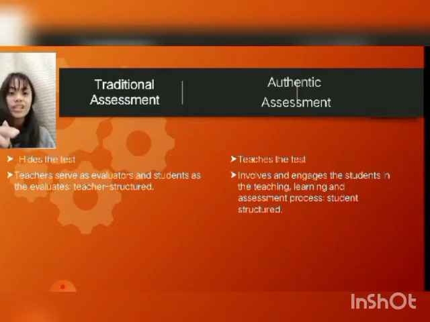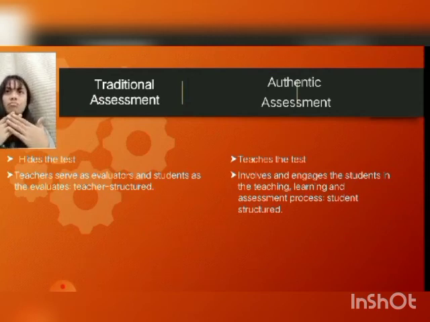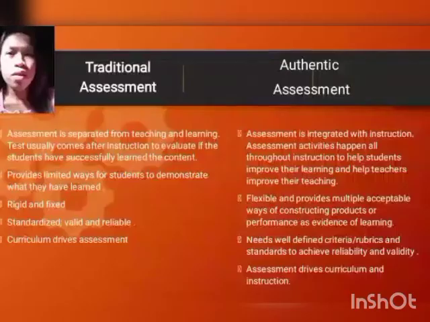While in traditional assessment, it's teacher structured, only focused on the teacher. There is no engaging. There is no relationship between students and teacher. While here in authentic assessment, there is a relationship. They can give their opinion, they can share what is in their mind. So that's it. Thank you.